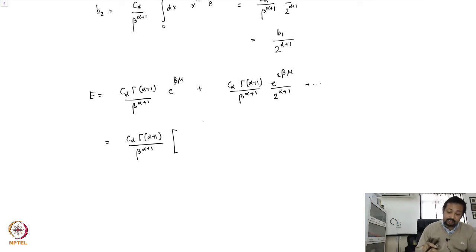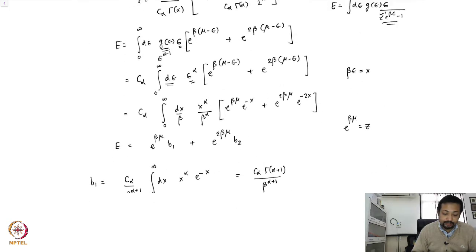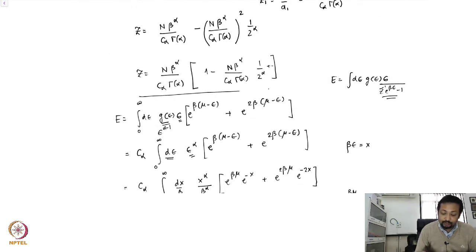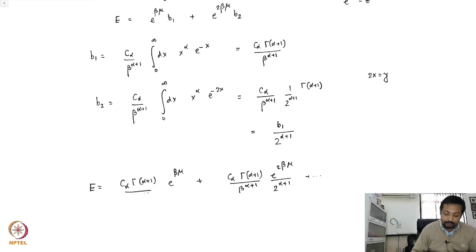I can take z common, e^{βμ} is z, so that z (1 + z / 2^{α+1}). And here again I will substitute z as this quantity, this relation.